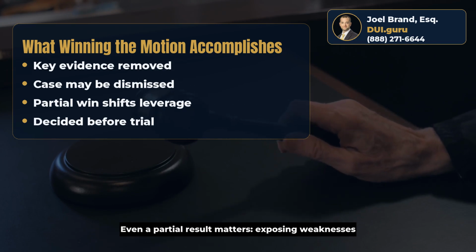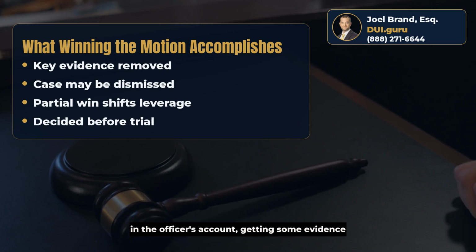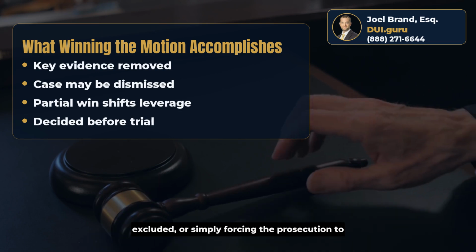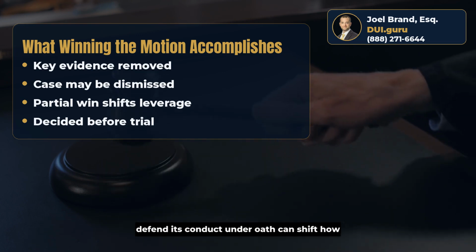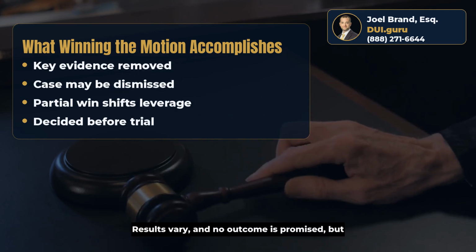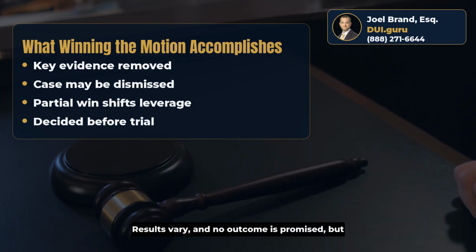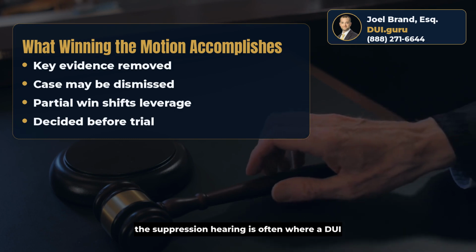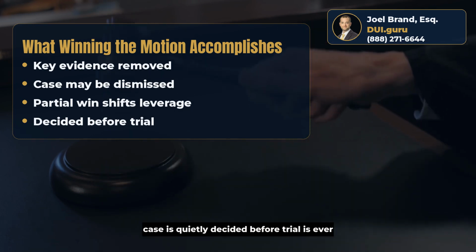Exposing weaknesses in the officer's account, getting some evidence excluded, or simply forcing the prosecution to defend its conduct under oath can shift how the case resolves. Results vary, and no outcome is promised, but the suppression hearing is often where a DUI case is quietly decided before trial is ever a question.